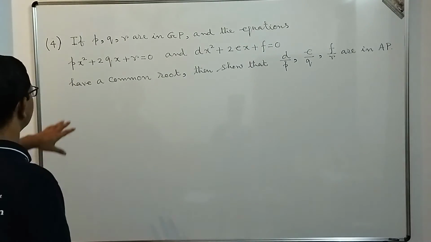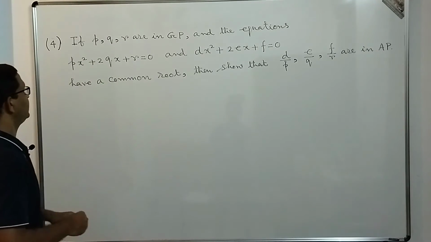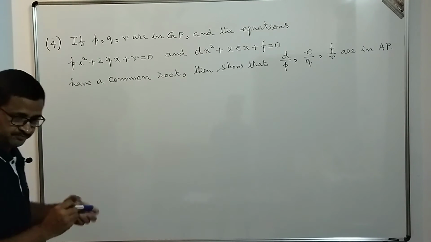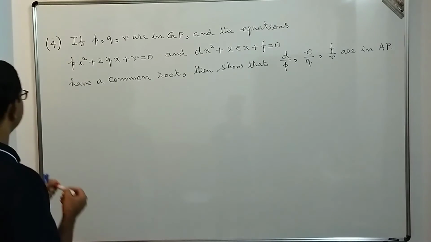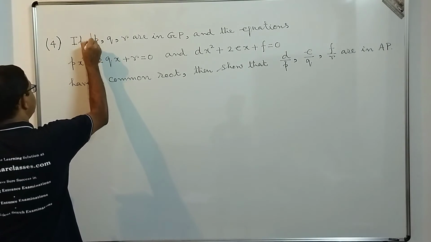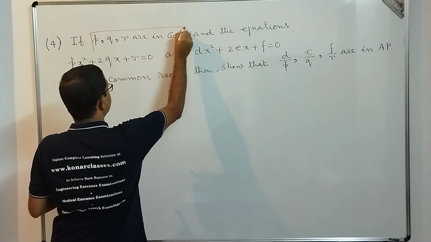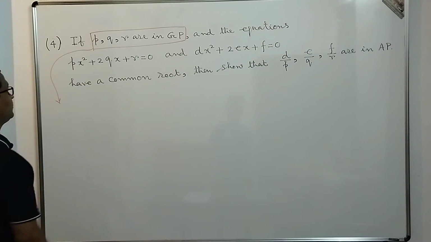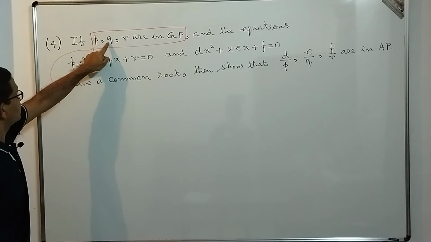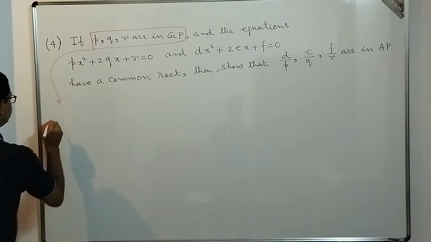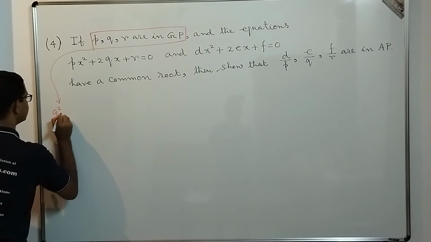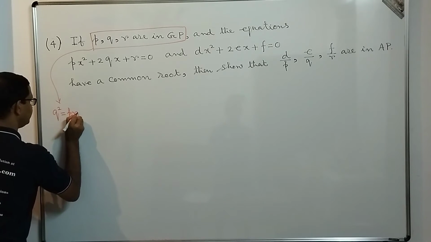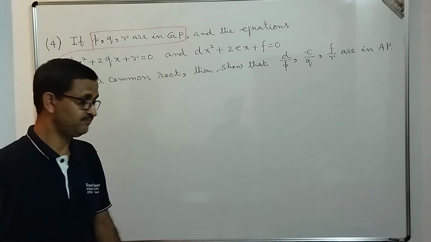Now, according to the question, the first thing is that P, Q, R are in GP. So let me use a mixture of colors. First it is given that P, Q, R are in GP. That statement is given to us. So from there what can we write? That Q square is equal to P into R. Correct or not? Q square is equal to P into R. That is given to us.